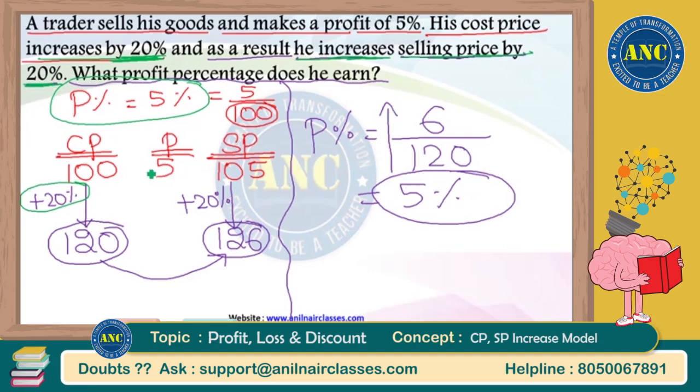That means if the cost price and selling price both are increased by the same margin, whatever profit percentage you had initially, finally also you will have the same profit percentage. If the initial profit percentage was 12.5%, finally also it will be 12.5 only. There is no need for us to calculate. Directly within 1 second you can answer this question if you know this key point.